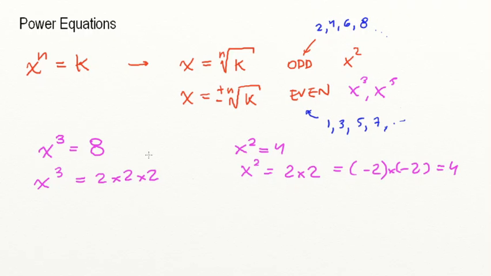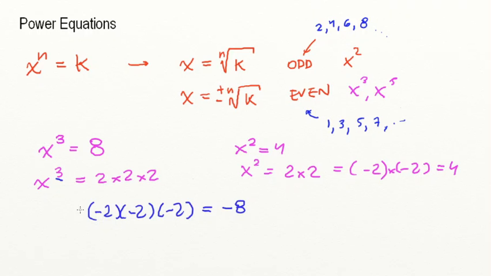But what about with the cubic now? Does the same thing work? When this exponent is 3, does the same thing work? It doesn't. Take a look. If I multiply negative 2 by negative 2 by negative 2, I will get negative 8. Because there are two negatives, so I'll cancel those out, but I'll still have one negative.